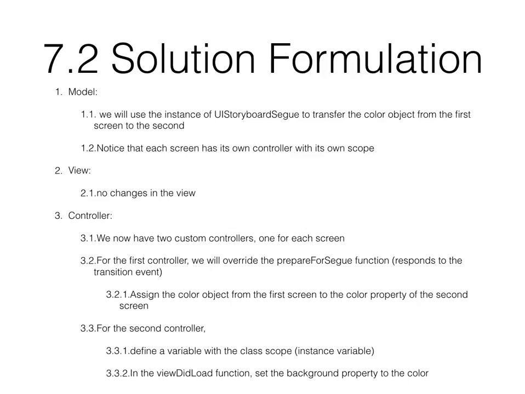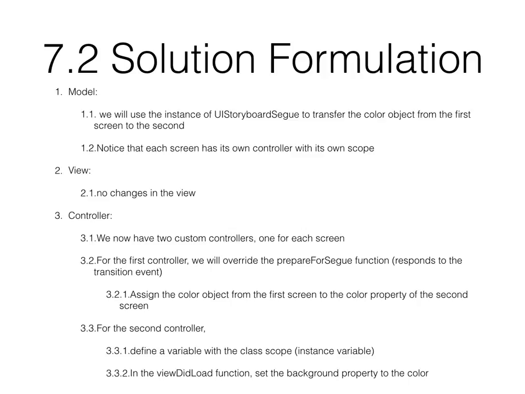So in the first controller, we will override the prepare for segue function so that I can mark the transit. Prepare for segue is a built-in function that responds to the event when the transition segue is about to launch. So it hasn't launched yet, but it is ready to launch.